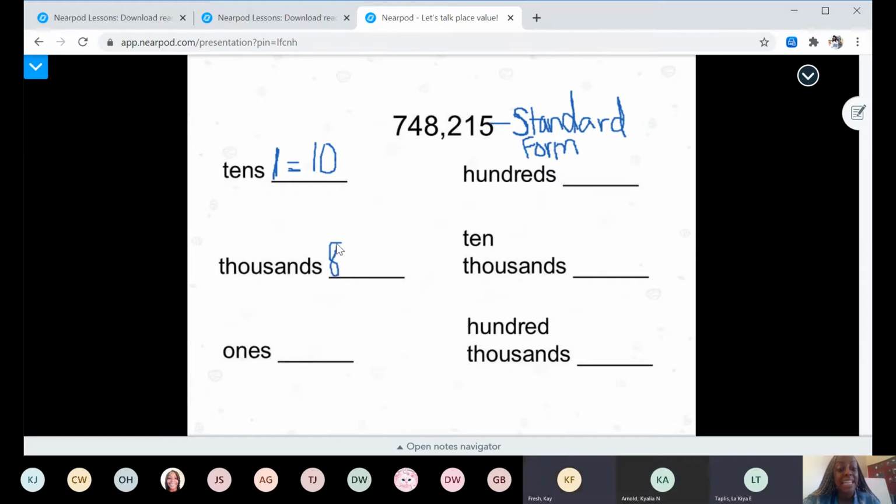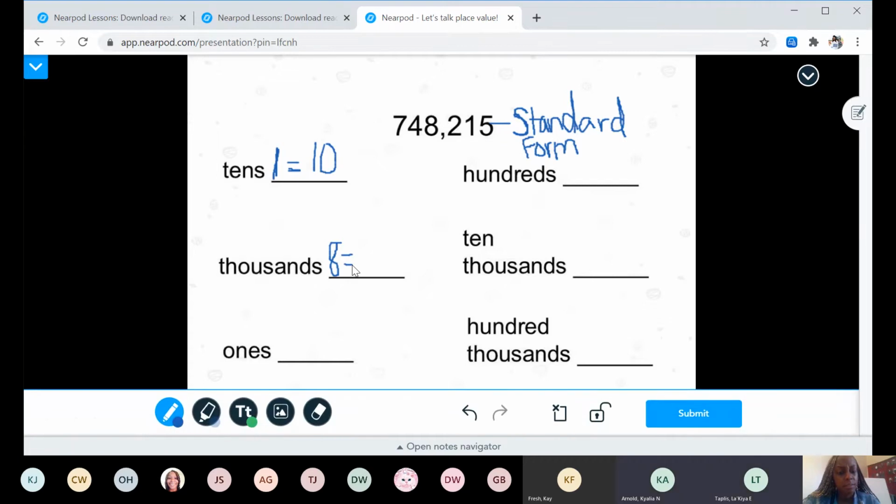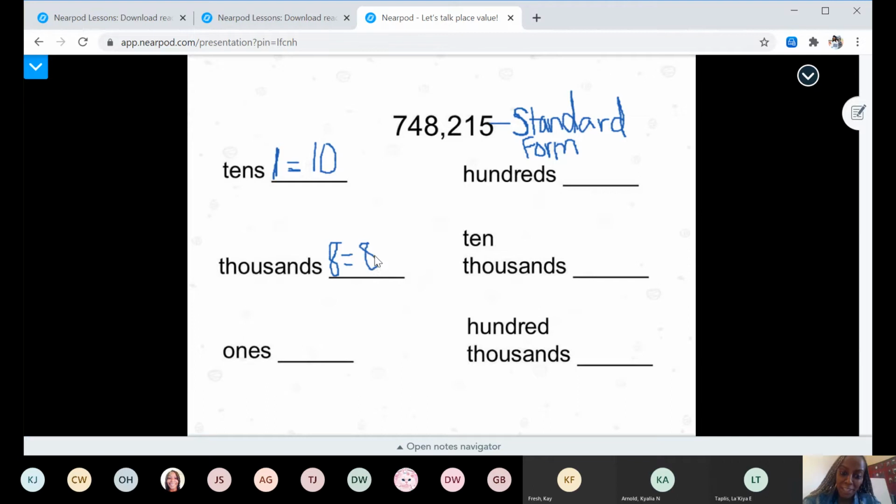So if an 8 is in the thousands place, how much is that 8 worth? Go ahead, try as best as you can. 8,000. Yeah, that is correct. It is worth 8,000.